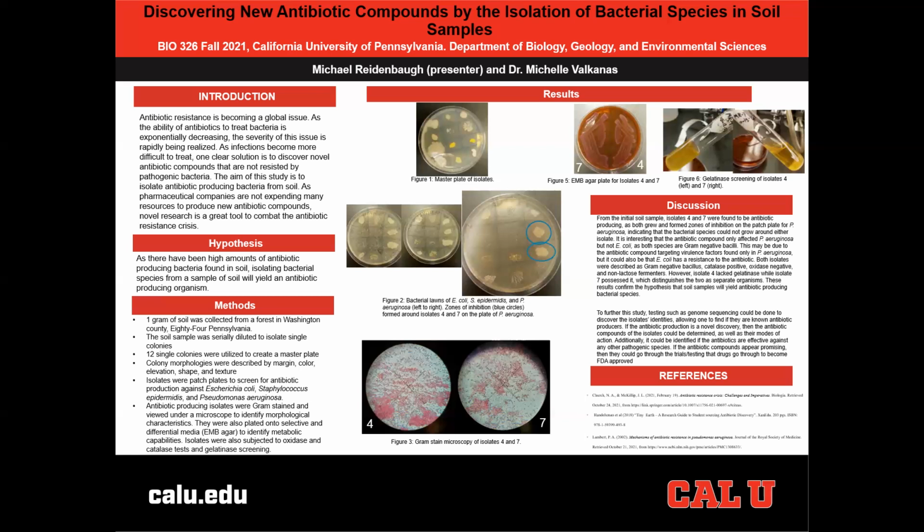What can also be done is to attempt to find the identity of these isolates and see if they're known species that are already known to produce antibiotics. But if they're not, if these are seen to be new species, or if we haven't known these species to produce antibiotics, what can be done is we can attempt to describe the antibiotic compounds themselves and see how they specifically interact with the bacteria that they fight against.